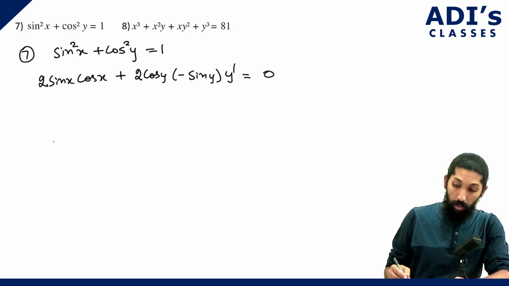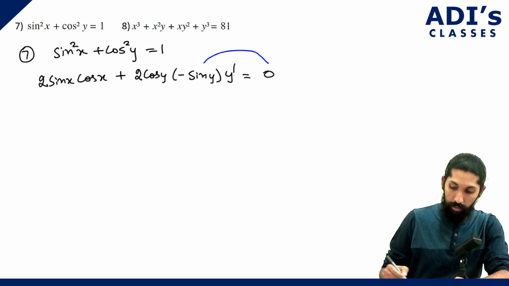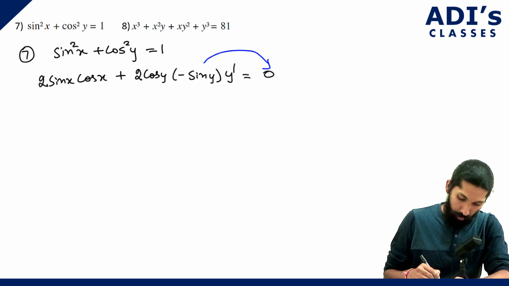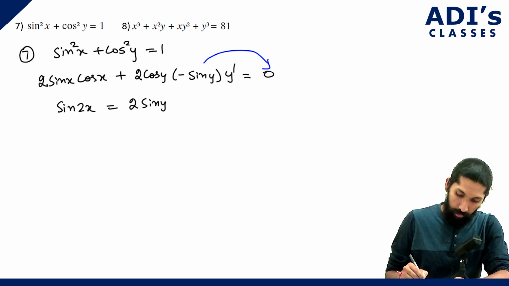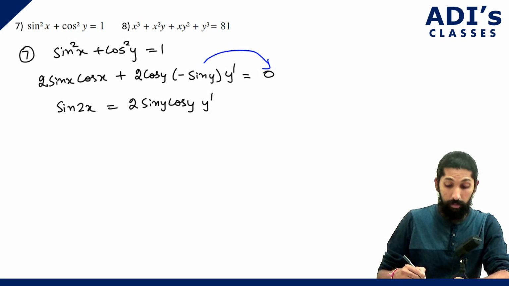Right? Now what you do, you take this term to RHS. So you will have sine 2x is equal to 2 sine y cos y into y dash. Because when you take this term to the RHS, it's going to become positive, right?